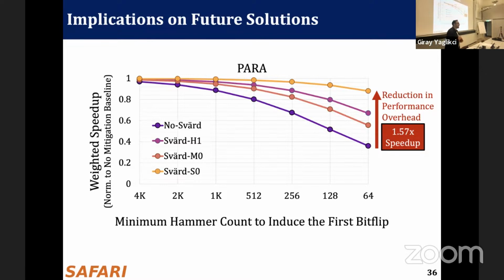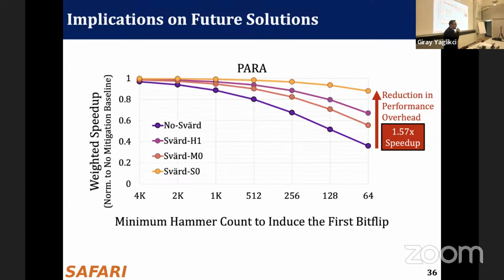Yes. Does the paper include what percentage of rows have, for example, the requirement of 64 as the minimum? Is it a small percentage or a big percentage? Yeah, so the weakest rows are actually a very small fraction.